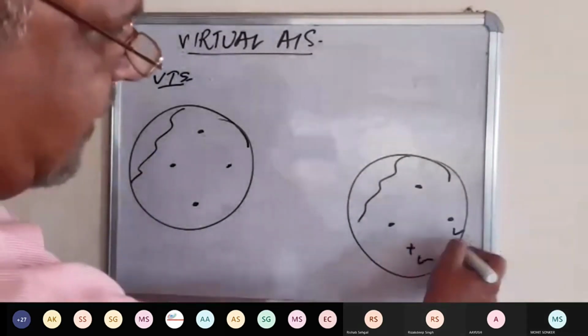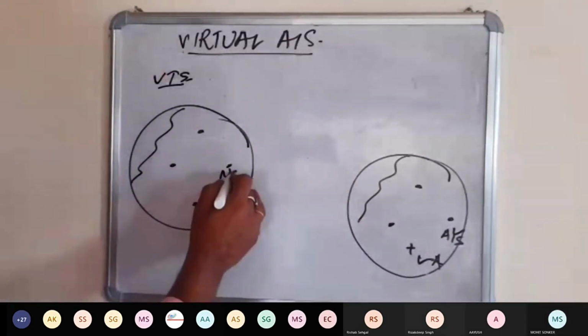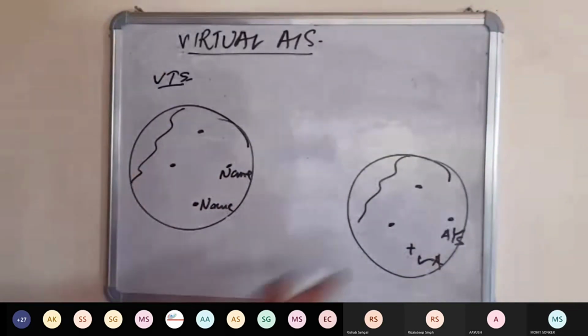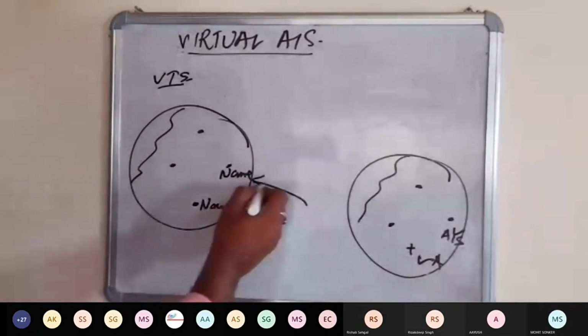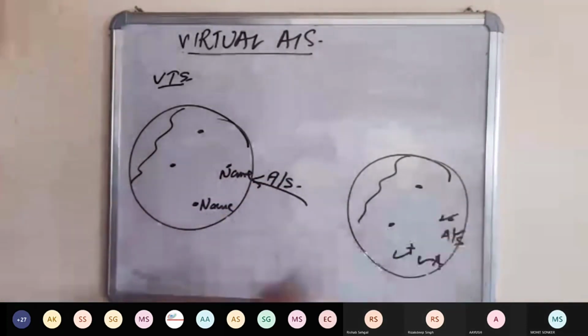Since these two are having AIS, so their name is visible here. Their details are available. AIS details are available because they are transmitting.